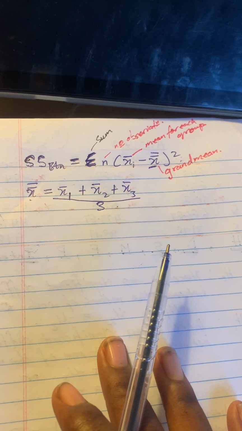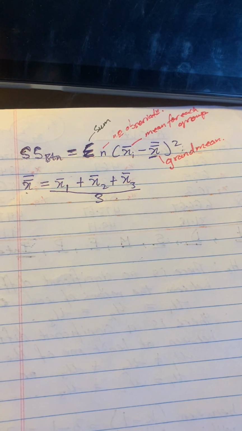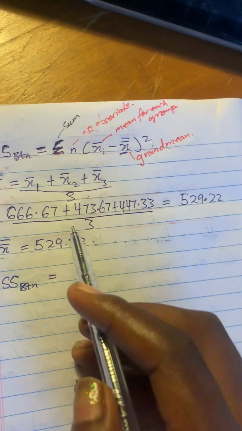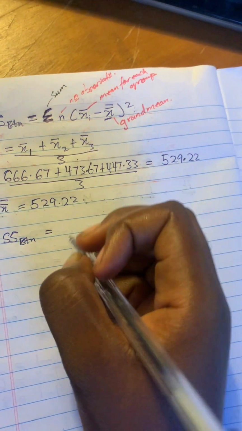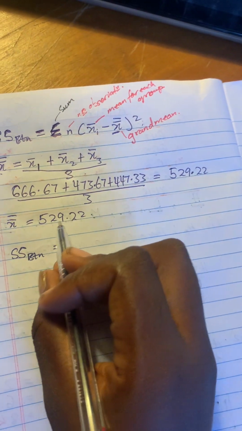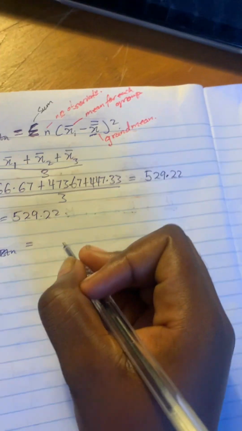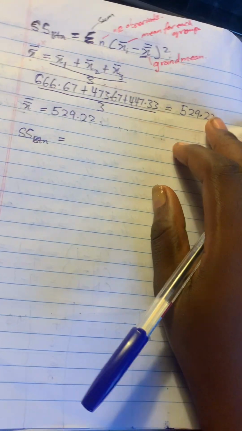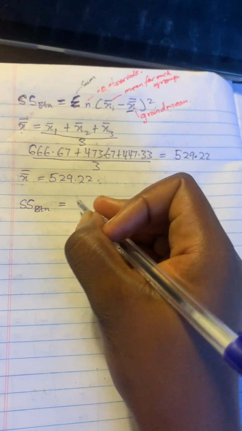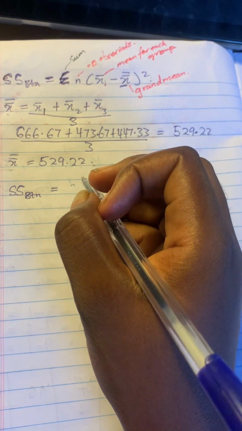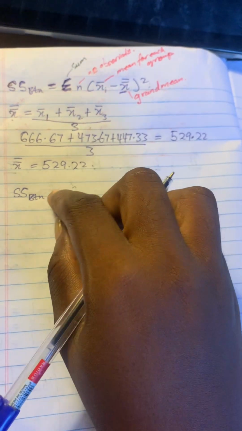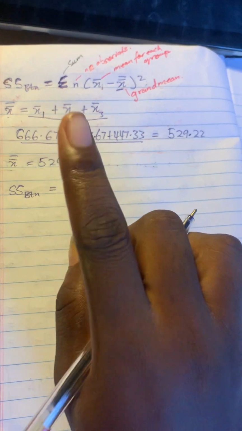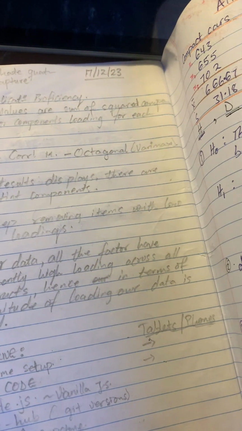So let's go ahead and put the values in. When we add the values, we get our grand mean, which is 529.22. So now we have our grand mean. Let's go ahead and calculate our sum of squares between.